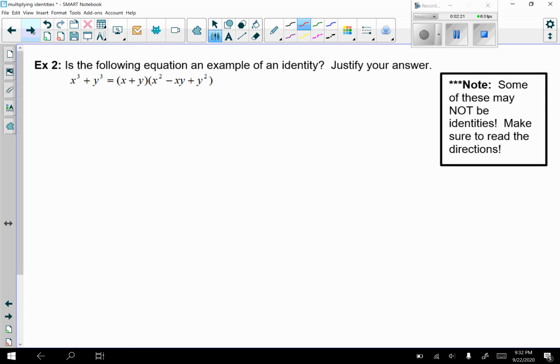For number 2, it says, is the following equation an example of an identity? So "is" means my answer needs to say yes or no. So sometimes they may not be identities. So you have to be careful when you're reading the questions. Justify your answer, of course, means just show the math.